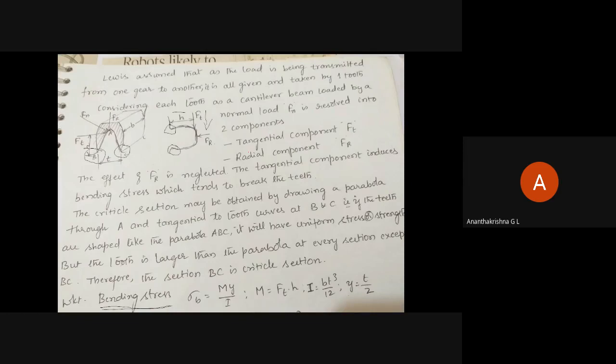To obtain a beam of uniform strength, a parabola can be considered through point A. To understand the weakest points, the gear except at points B and C has more material everywhere, so that portion will not become the weaker portion. So the points B and C become the weaker section or vulnerable section for failure.